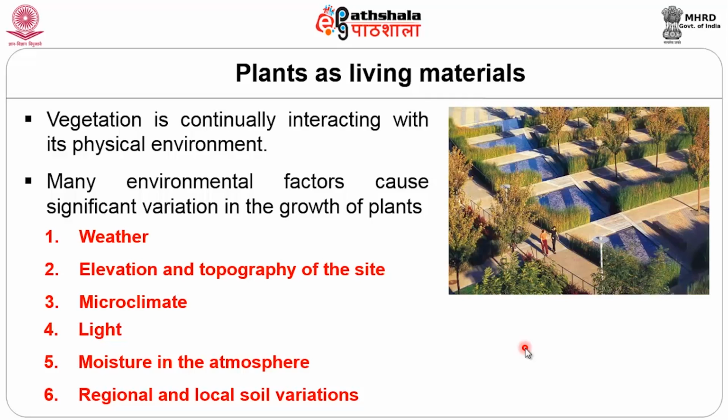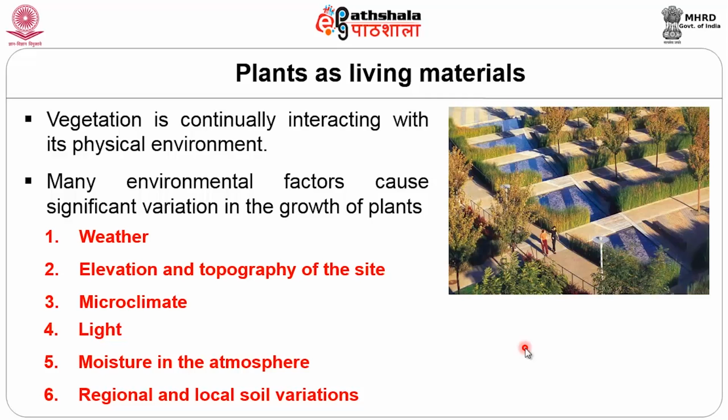So plants, since they have life, and since they have characteristics which respond to light within their own structures, light plays an important role in the way that it alters the particular environment as such. Then the moisture of the atmosphere also changes, causes a significant variation in the growth of plants.